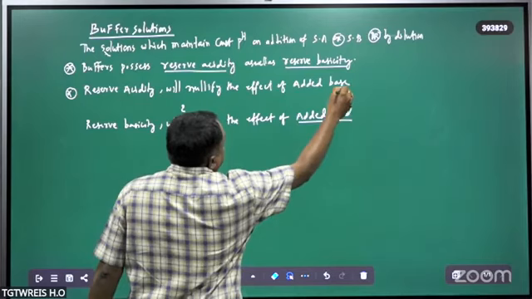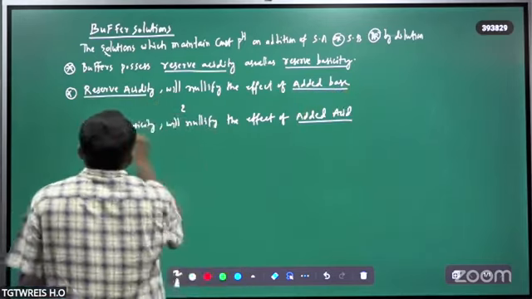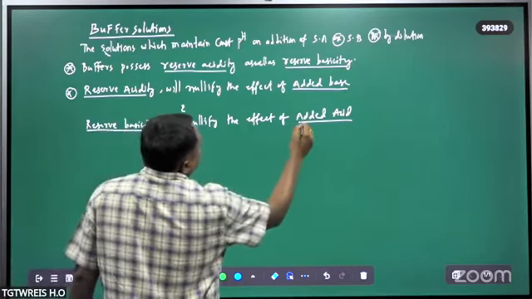So this is the added acid, this is the added base. This reserve acidity will nullify the effect of added base. This reserve basicity will nullify the effect of added acid.